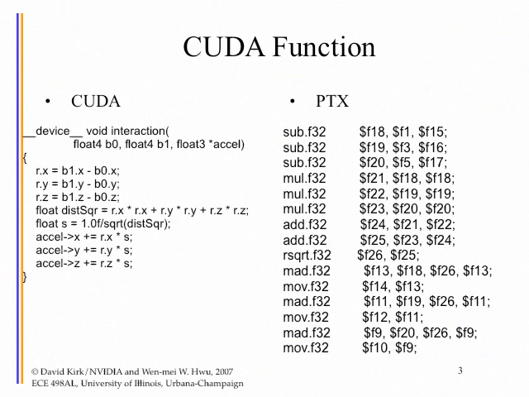And so when the compiler compiles this function, it will generate the PTX code on the right-hand side. It essentially generates a bunch of these floating point registers and all the multiply, add, and so on.